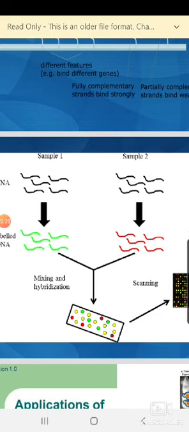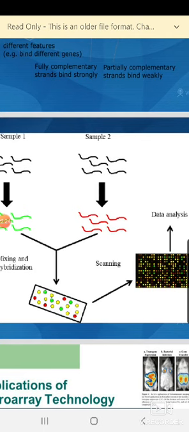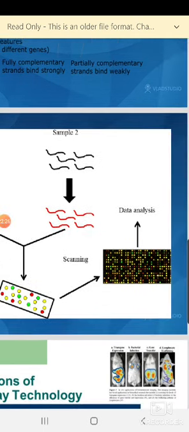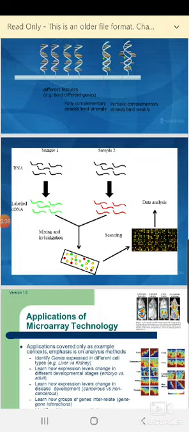So the chip is already fixed with the probe. So that different genes are expressed differentially. Once you visualize the chip on the screen, you can see different colors, and the intensity you can measure. So that can be analyzed by software.